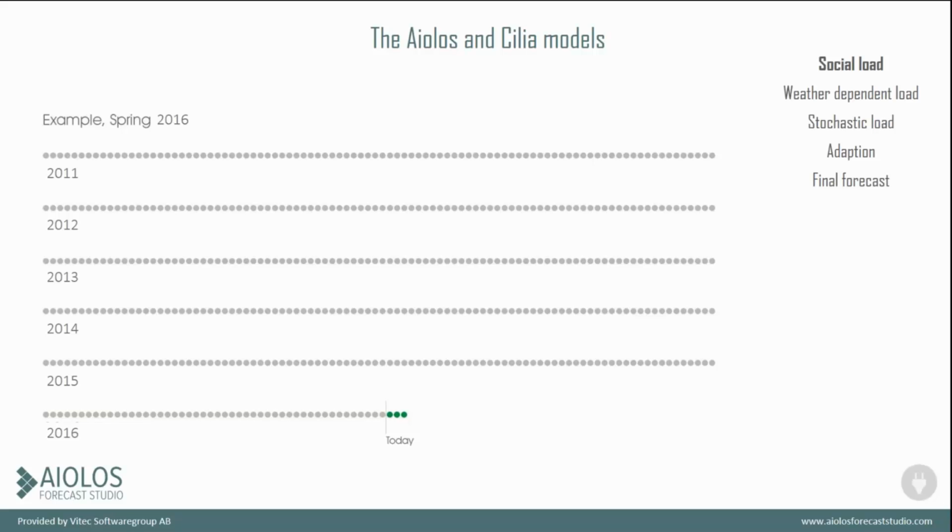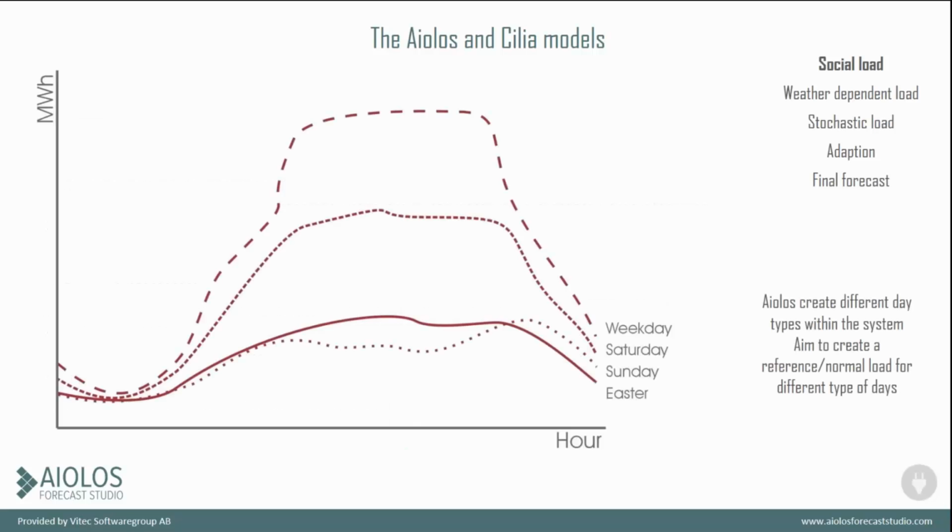So this is our social load, because different day types have different patterns. For weekdays we have one pattern, because you have one social behavior when you're going to work, industry is rolling, services are rolling, stores are open. Saturdays you have one, Sundays you have another maybe, and then during holidays such as Easter you might have a totally different kind of social behavior.